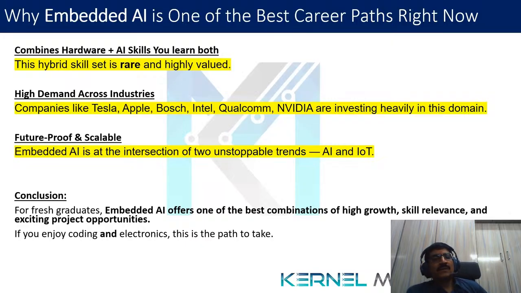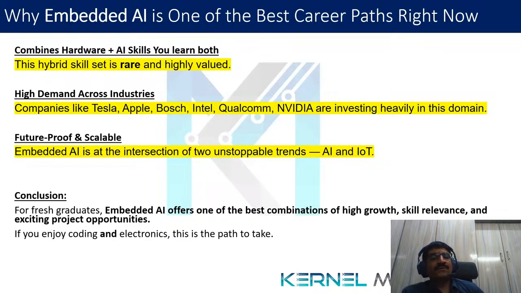So by combining hardware plus AI, we can get a more skill set. It's a very rare combination also. High demand in the industry: for embedded AI, Intel, Qualcomm, Nvidia, Robert Bosch, all of these are semiconductor industry companies. They manufacture their own chipsets, so the companies will require embedded AI engineers in the upcoming days.